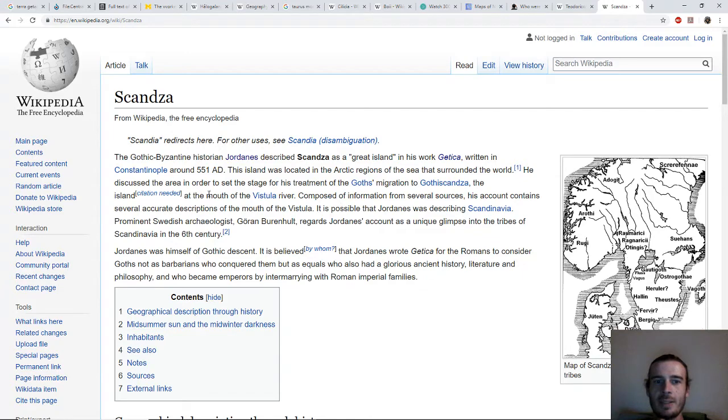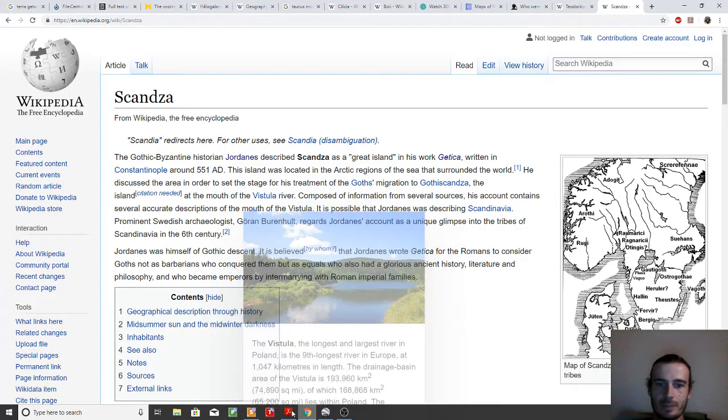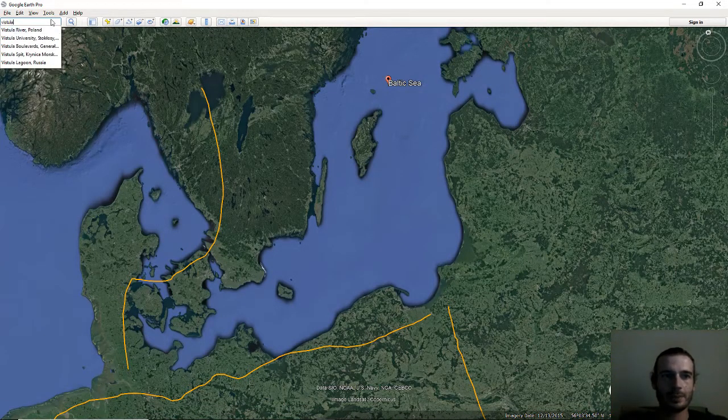The island at the mouth of the Vistula River, Poland.